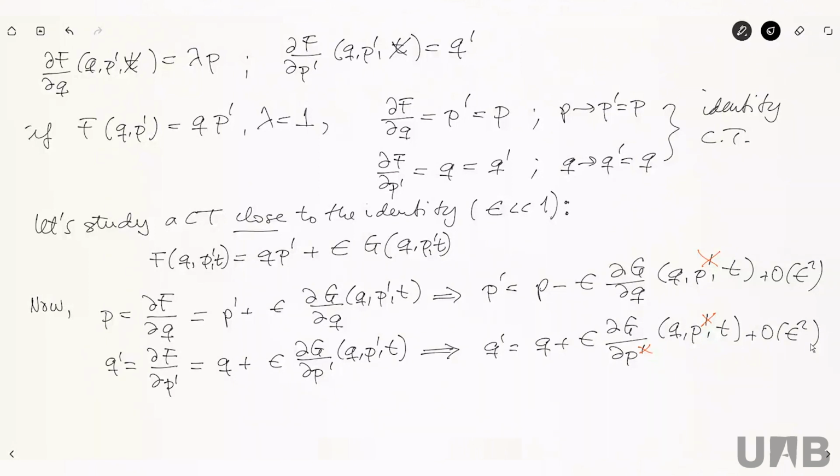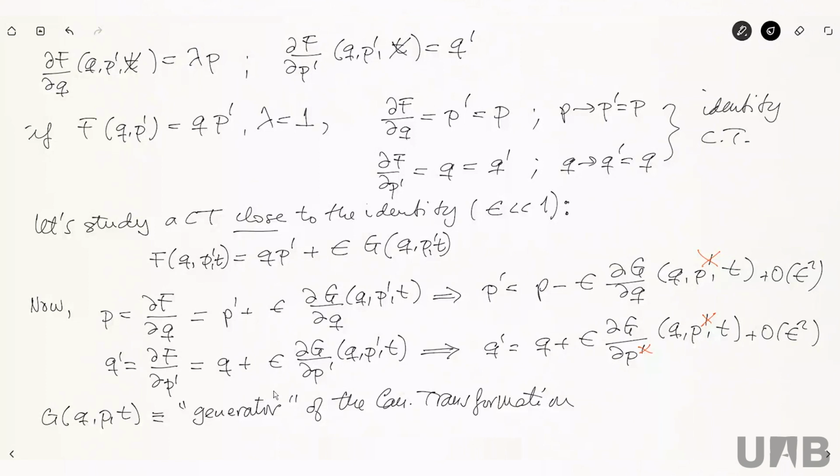No. Okay? So we're going to call g of q, p, and t, this function that measures the deviation from the identity, the generator of the canonical transformation. Not to be confused with the generating function.